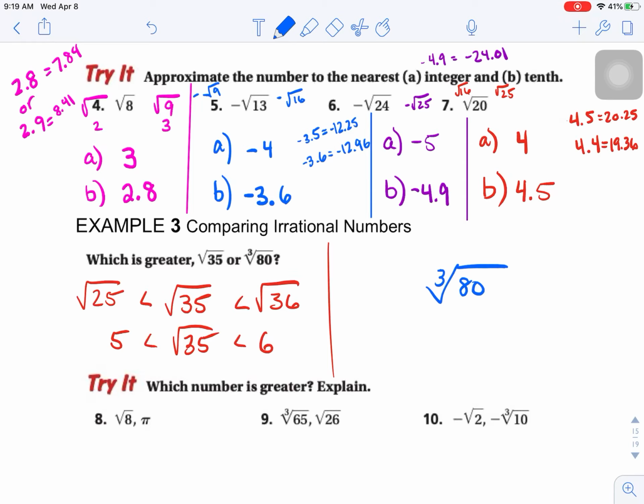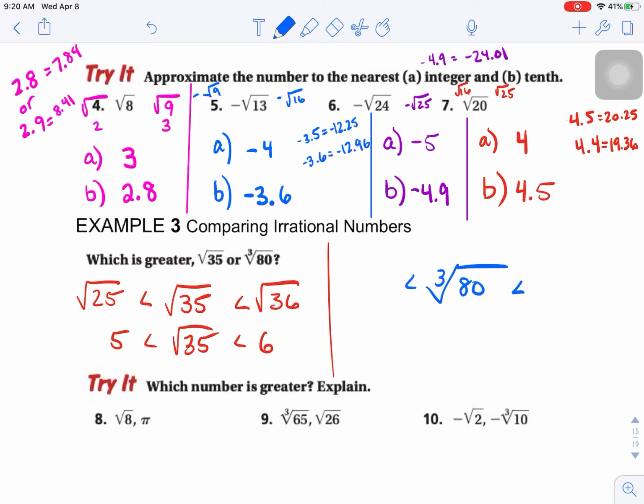let's think about some cubes that we know. The cubed root of 81, oh, that's a square root, I know.